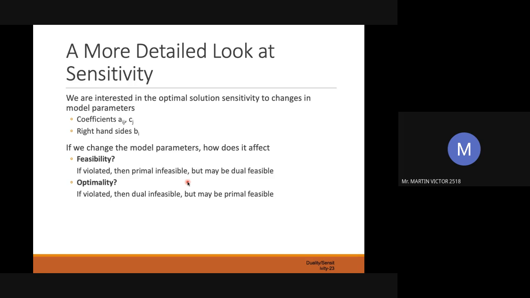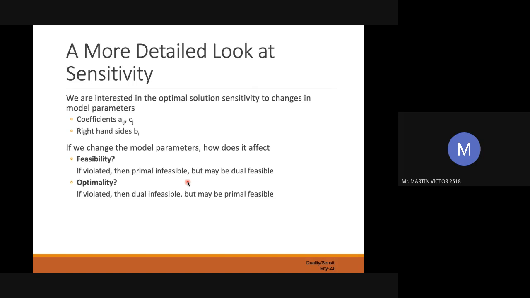For instance, when the objective function is maximize Z equal to 4x1 plus 5x2, this is the given objective function with some coefficients. Now, if our question is built so that there is a change in the coefficients, like in the place of 4x1 plus 5x2 we have 6x1 plus 7x2, what would be the solution?